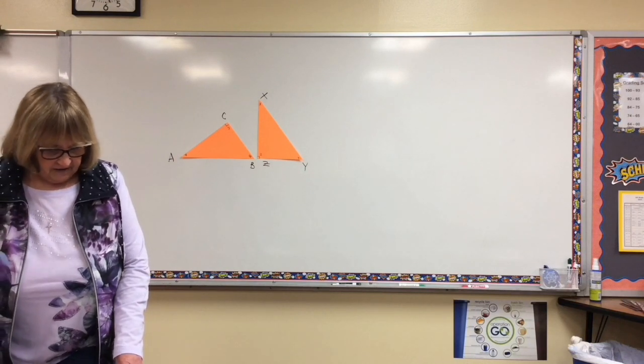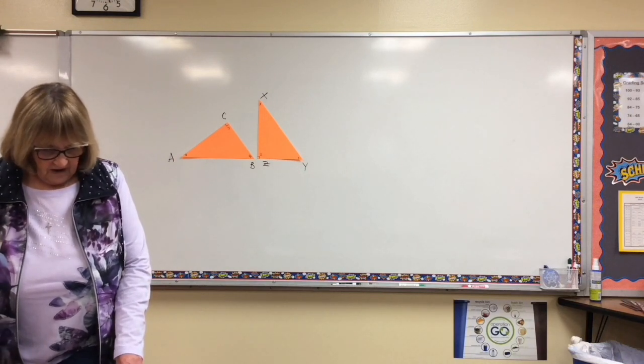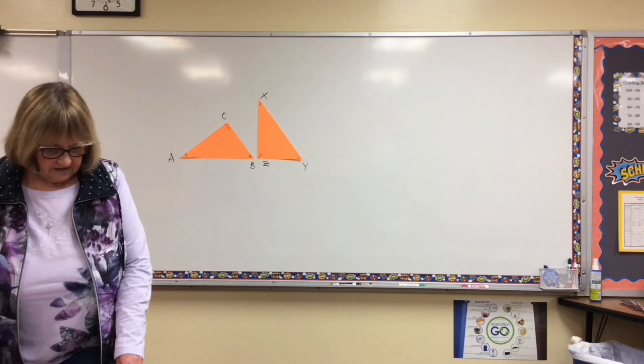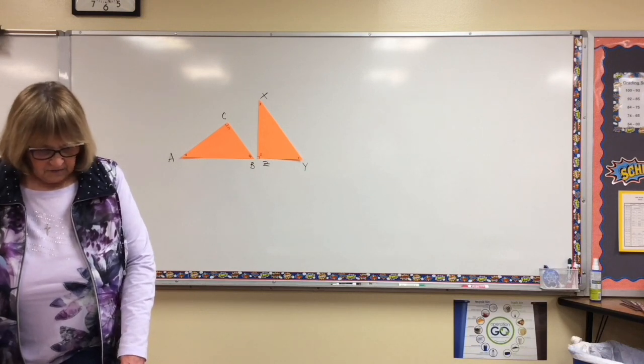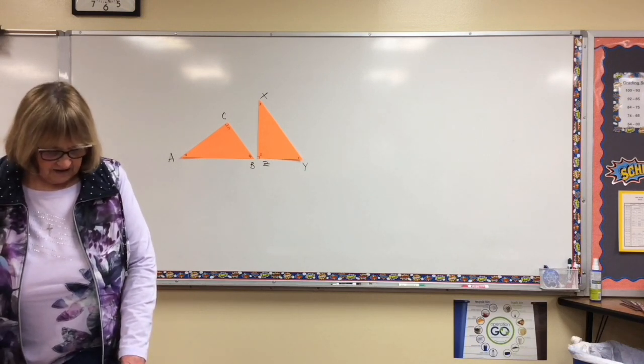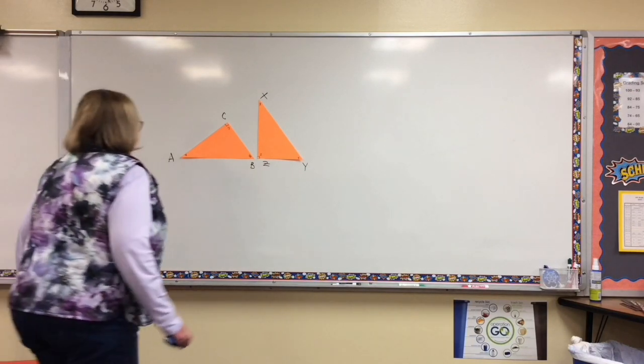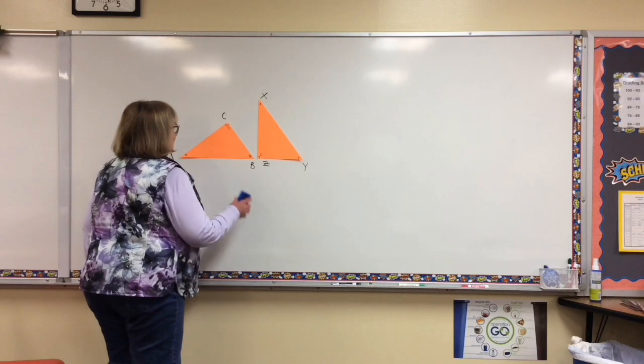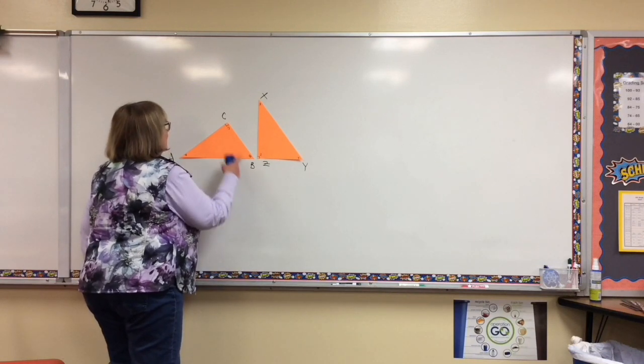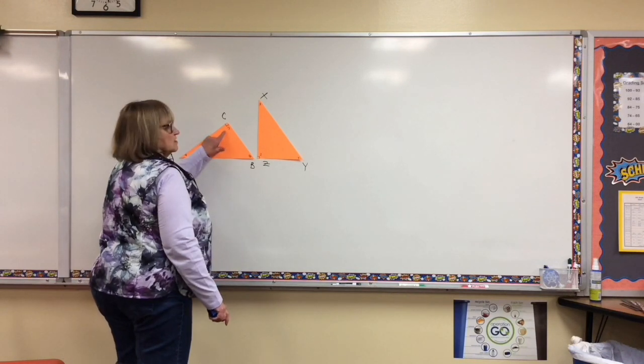Each triangle has three angles and three sides, and the angles and sides of triangle ABC correspond to the angles and sides of XYZ. Okay? What they mean by that is, I have A, B, C, and if you notice, this is a right triangle.